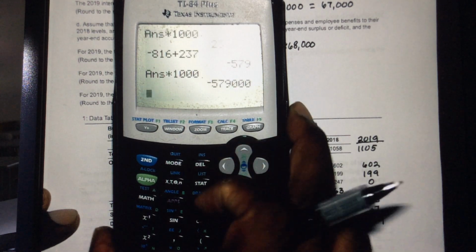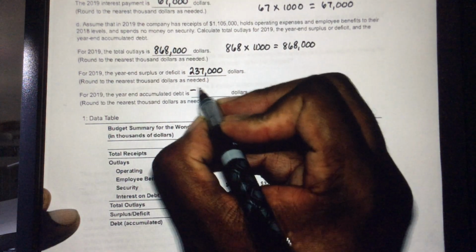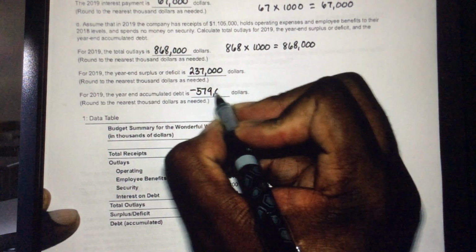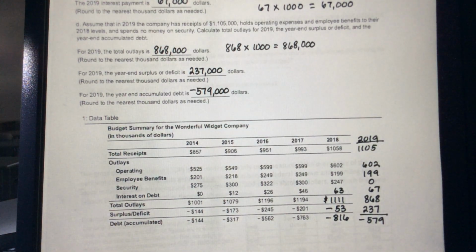It'll be negative $579,000. Okay. So that's how we use that table to come up with our total outlays, find out what the surplus or the deficit will be, and what the accumulated debt would be.